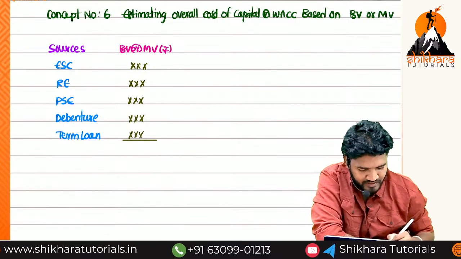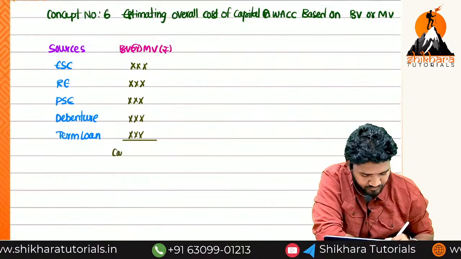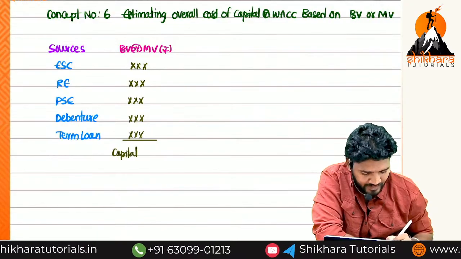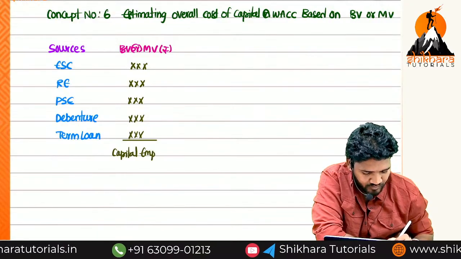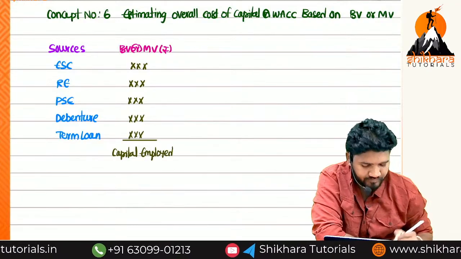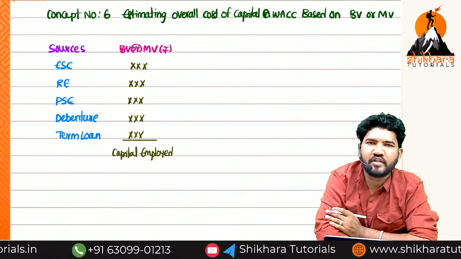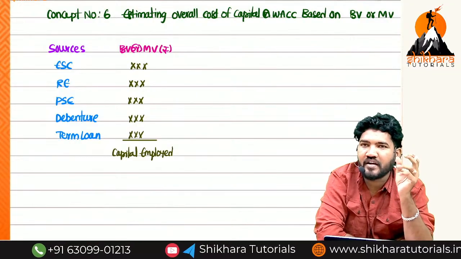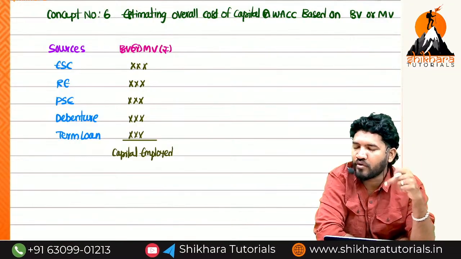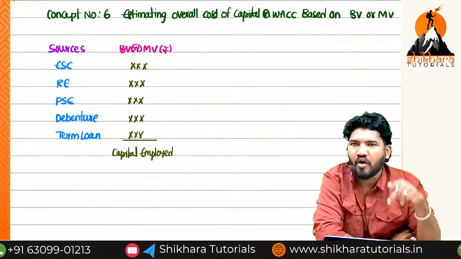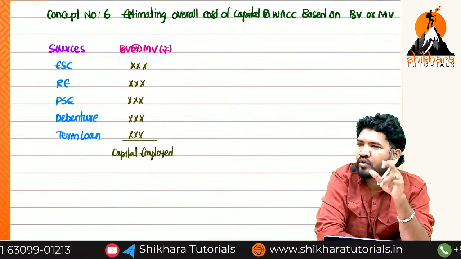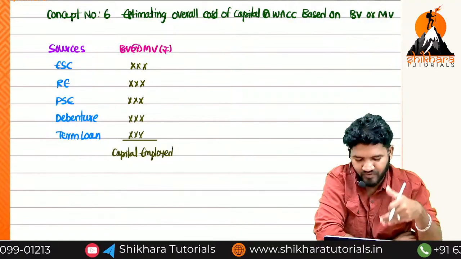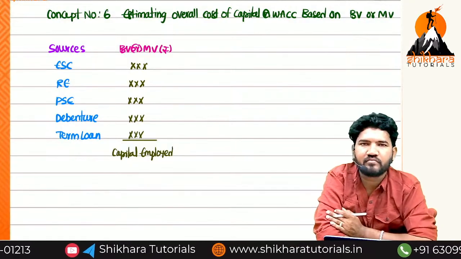Now this total is known as capital employed. Total is known as what? Capital employed. In our example we discussed 100 crore rupees na. Now the 100 crore is known as capital employed. Out of 100 crores, what are the individual values? 20, 20, 20, 20 is there na. Those are the amounts.